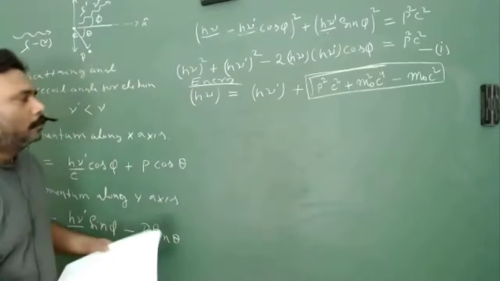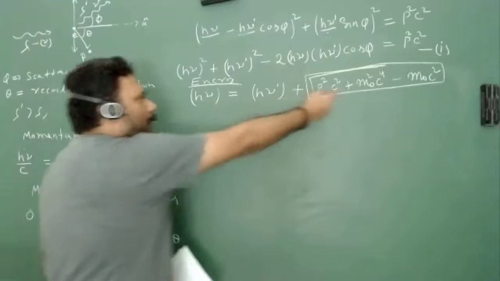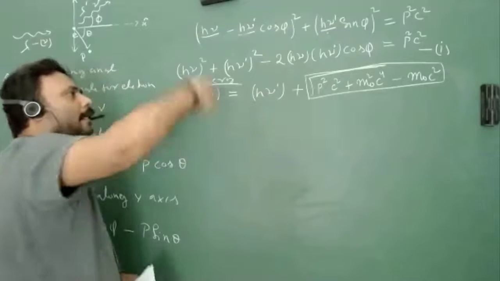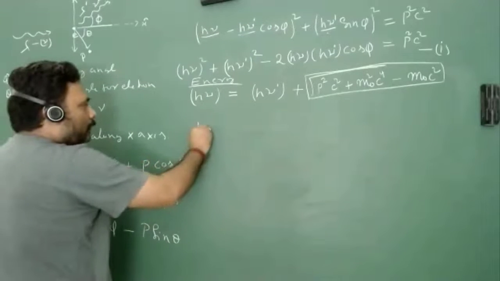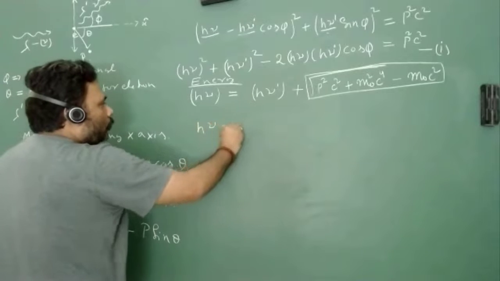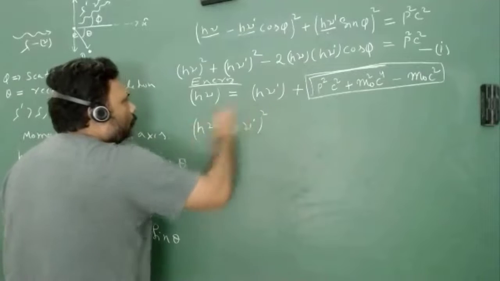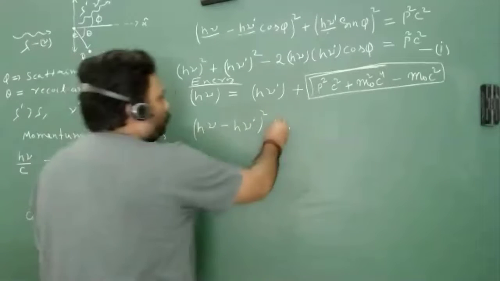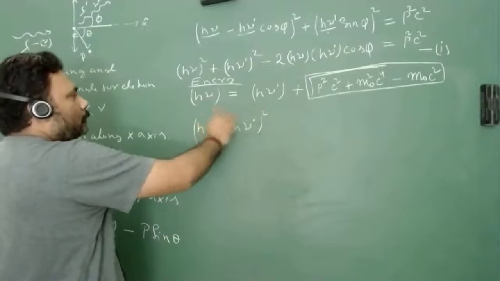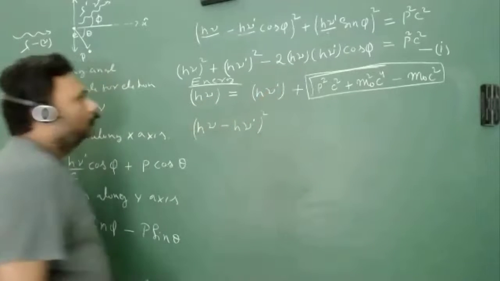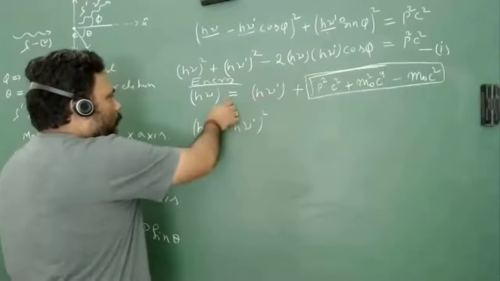Okay, now what we are going to do, we will subtract it and take m naught c square here, and we will square both sides. So we can write h nu minus h nu dash. Sorry, this will be h nu minus h nu dash, and this will also come onto this side.